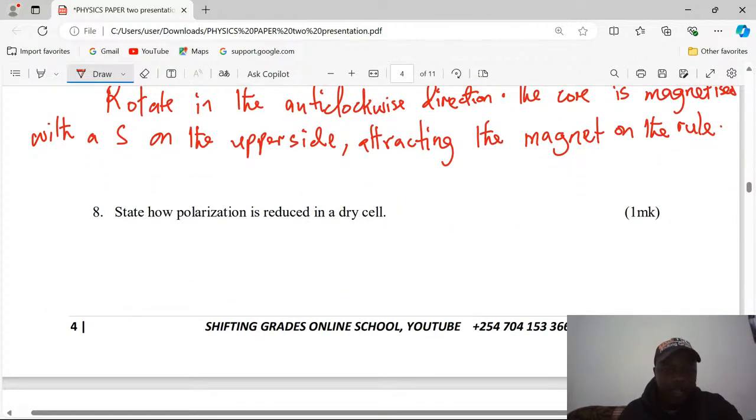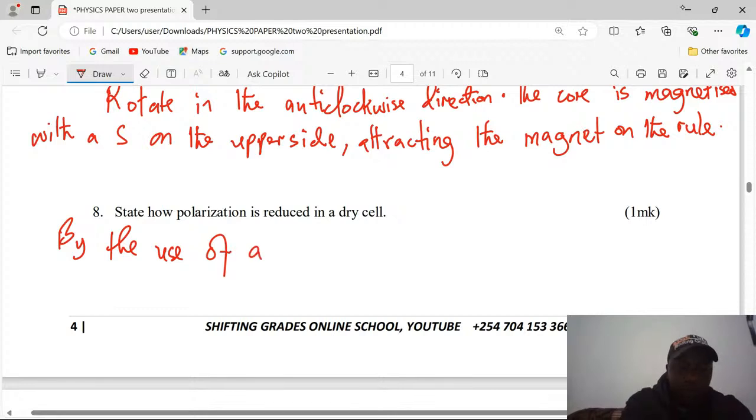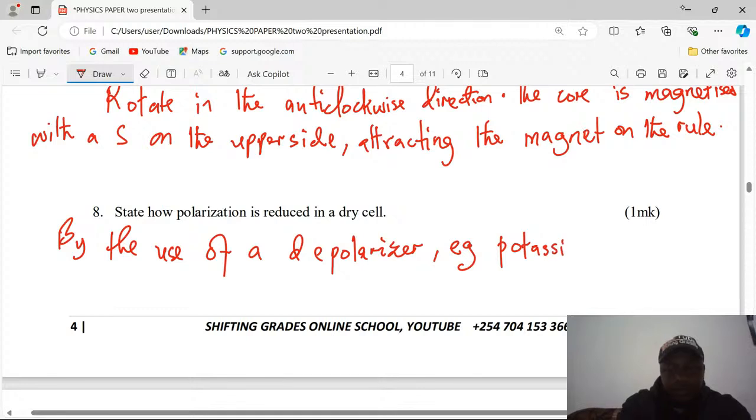State how polarization is reduced in a dry cell. We use potassium dichromate, which is a depolarizer. By the use of a depolarizer, for example, potassium dichromate.